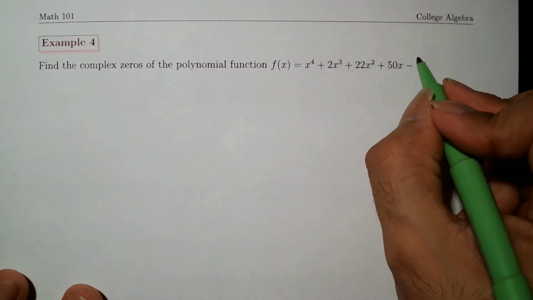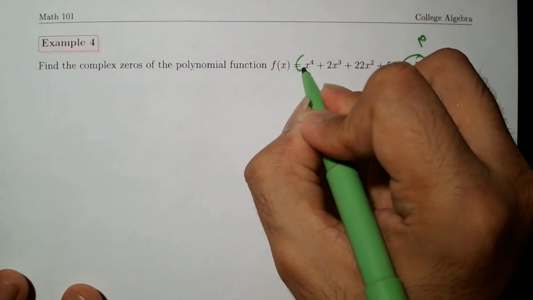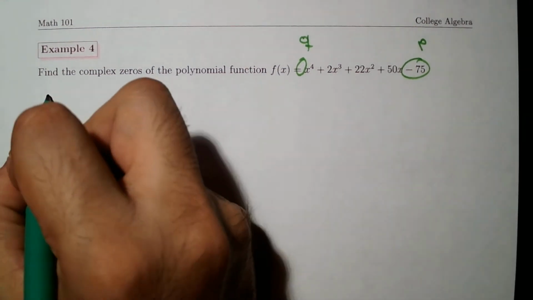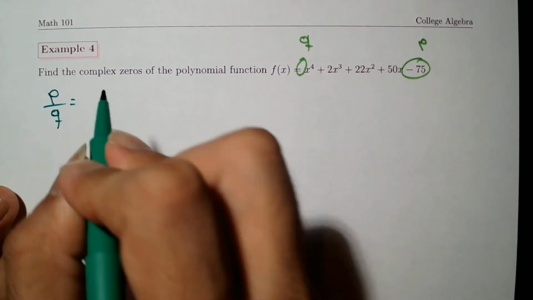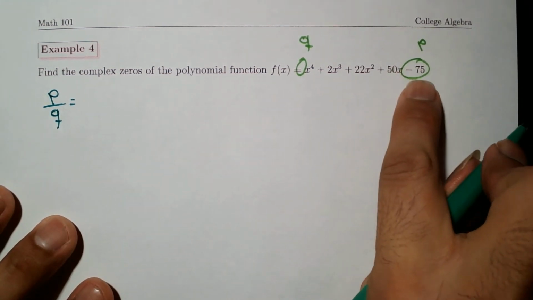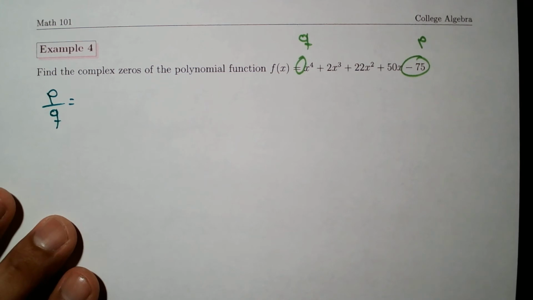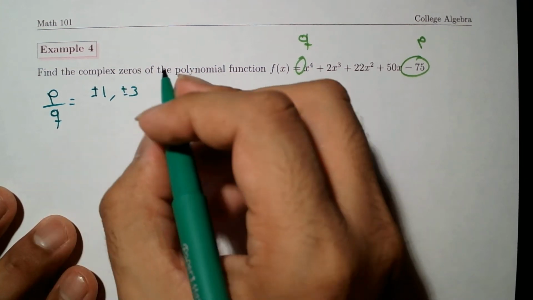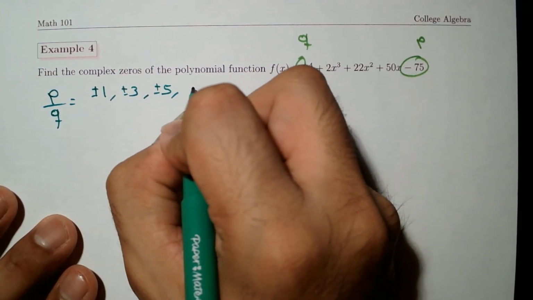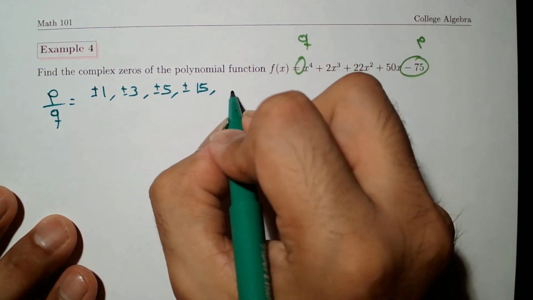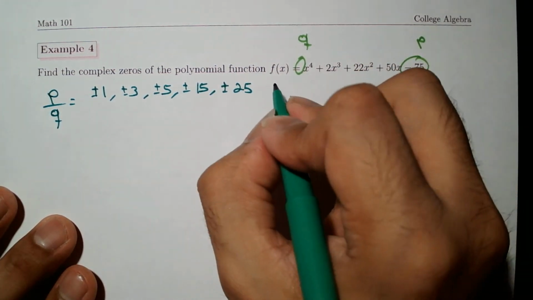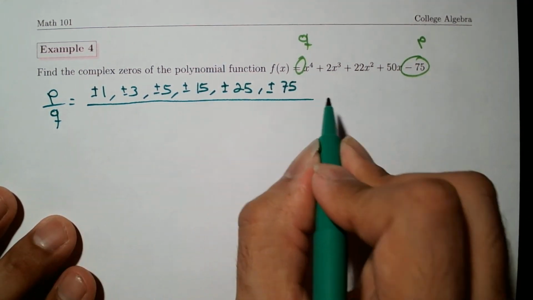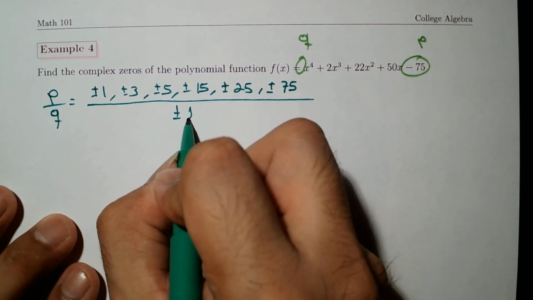P and the leading coefficient 1, which is Q. So let's list all the potential zeros, P over Q. P is going to be all the possible factors of 75, which by the way, is quite a bit: plus or minus 1, plus or minus 3, plus or minus 5, plus or minus 15, plus or minus 25, plus or minus 75. The good thing is the denominator is only plus minus 1.